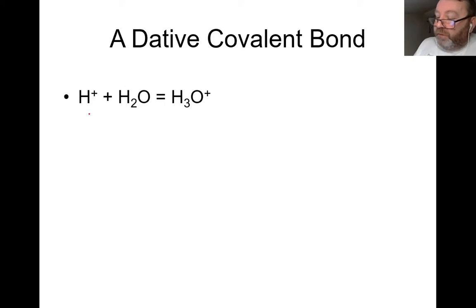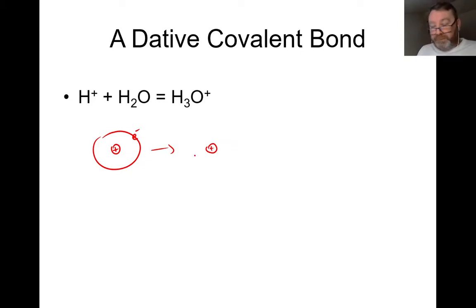Look, so you've got your H+ and your H2O giving you H3O+. Look at this. So you've got your hydrogen, there's your nucleus, there's your proton, and there's your electron. Now, it loses its electron and it becomes a single proton. That single proton wants to have the same number of electrons as helium. So what does it have to do? It would have to find 2 electrons from somewhere in order to fill out the first energy level to become like helium.